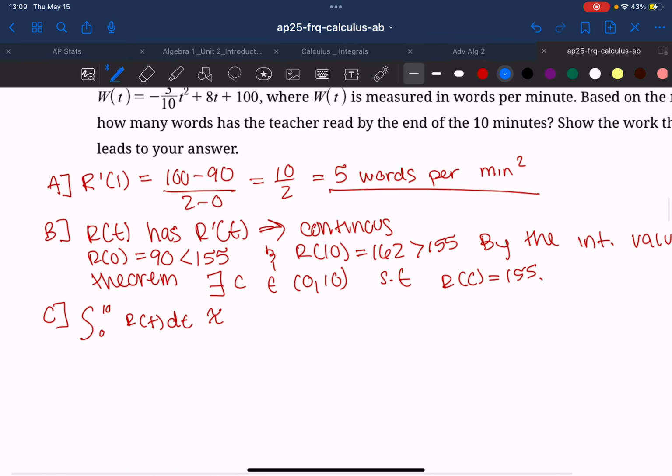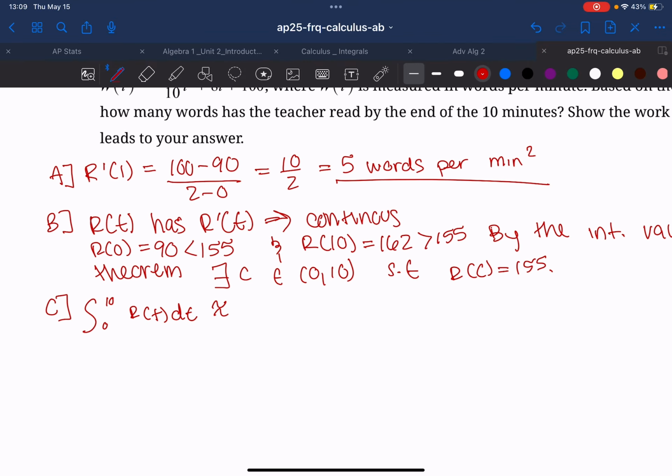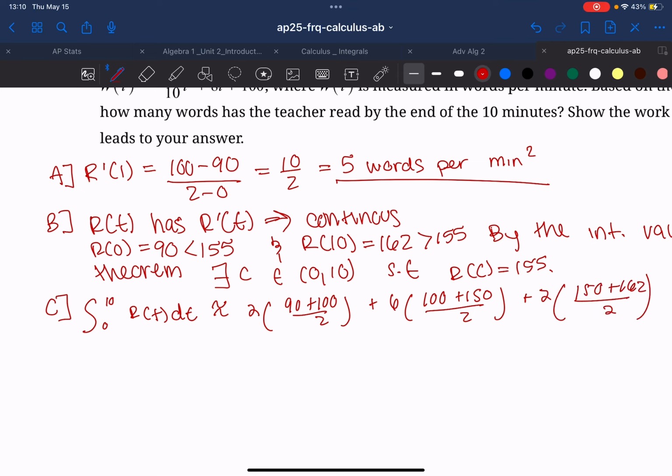So for my answer, I'm writing this as 2 times (90 plus 100) over 2, plus 6 times (100 plus 150) over 2, plus 2 times (150 plus 162) over 2. You could try to solve this out if you want, but if you're afraid that you're going to make any mistakes, you could leave this as is. Just make sure you label it with the correct units, and in this case that would be words.